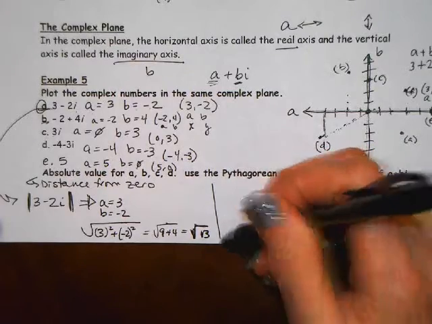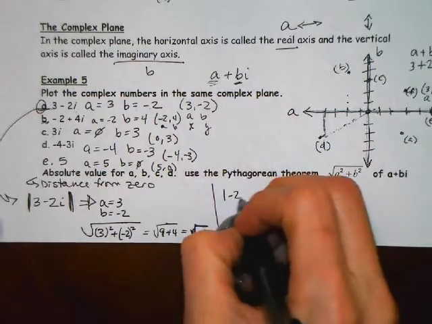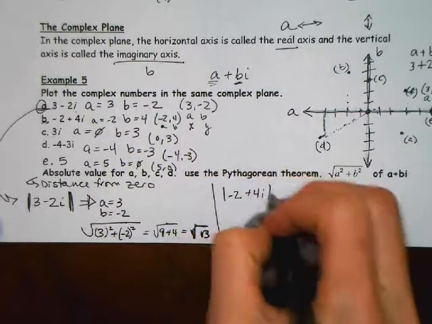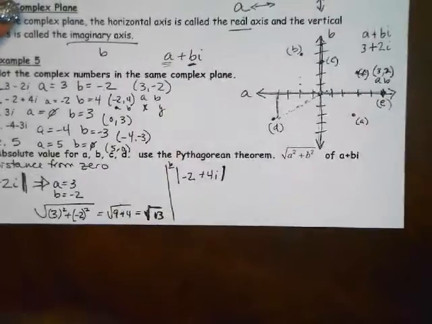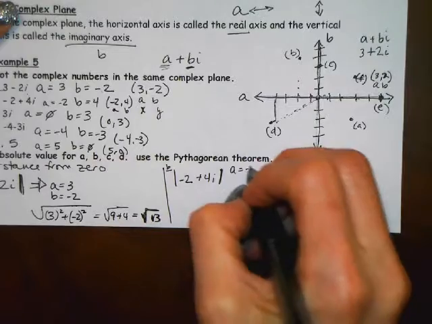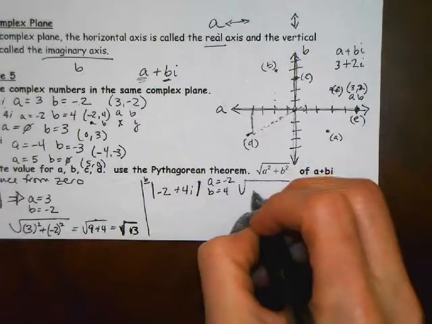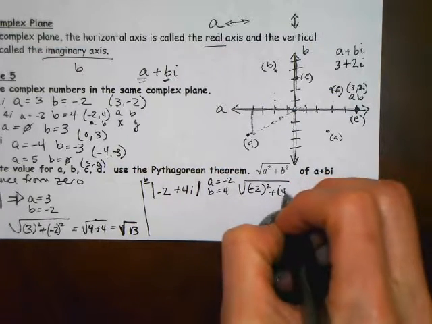So let's look at the other examples. Let's take B. It's going to be the square root of negative 2 plus 4i. I'm trying to find the absolute value there. So a is negative 2 and b is 4. Then I could do the square root of negative 2 squared plus 4 squared.